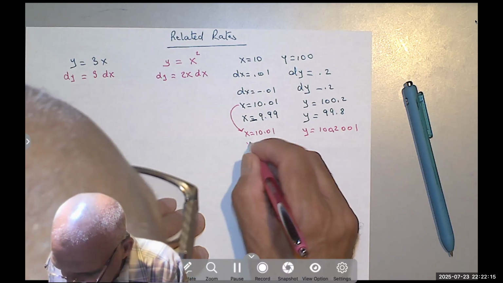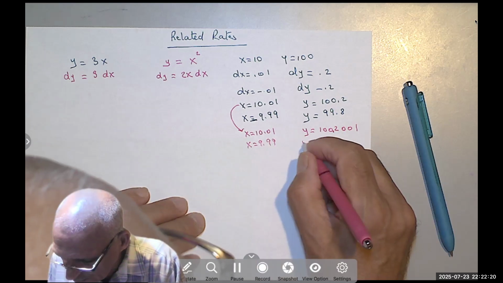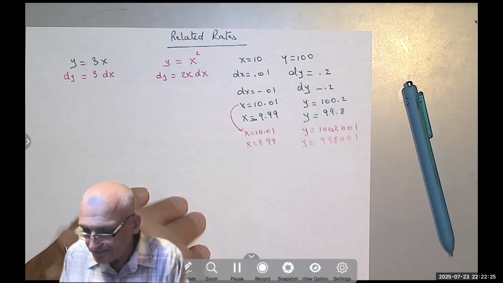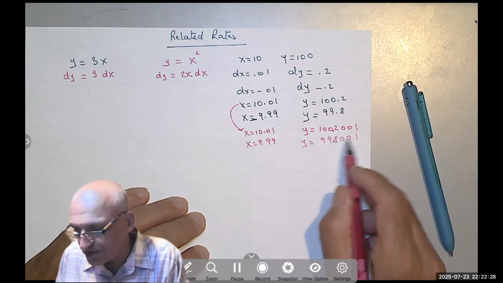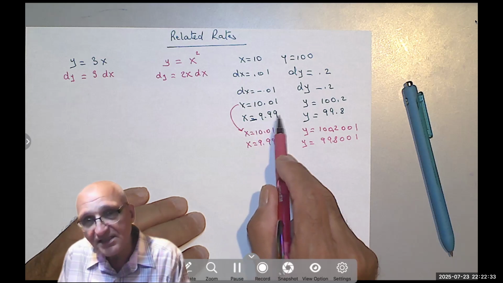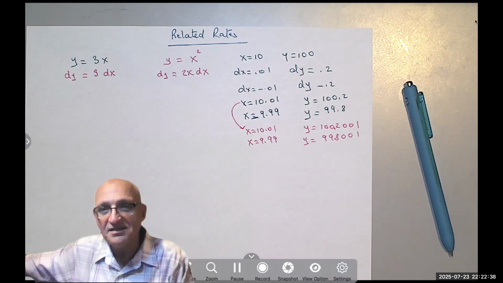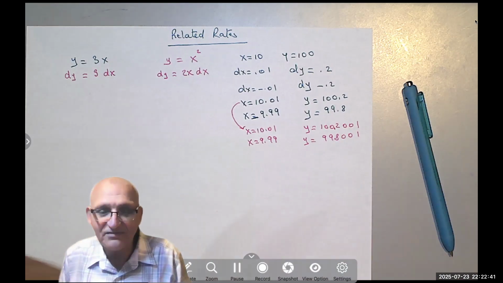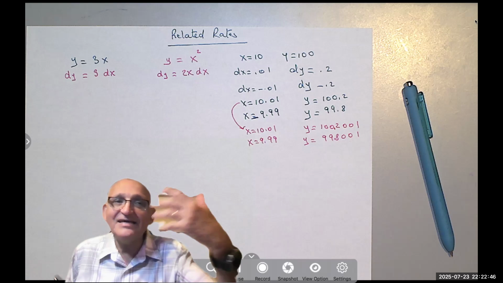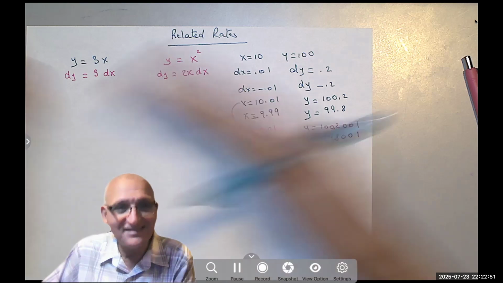So again, if x is 9.99, forget about the decimal place, I say y would be 998,001. 99.8001, again the same. And if you make that 9.99999, this would be 99 point probably 9998 or whatever at the end. So that's the relationship. That's how you get a rate of one variable that is related to another variable.